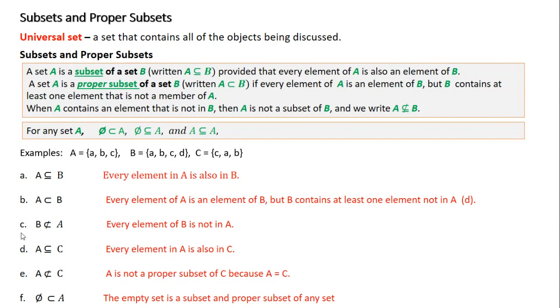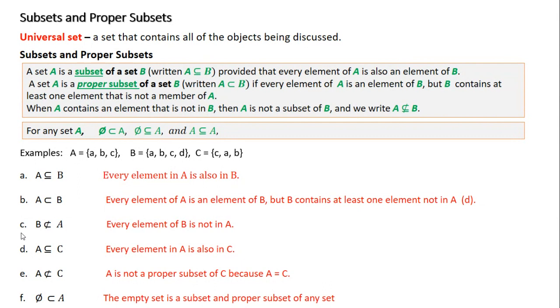So A is not a proper subset of C, because A is equal to C. And then the last one, the empty set is a proper subset of A.